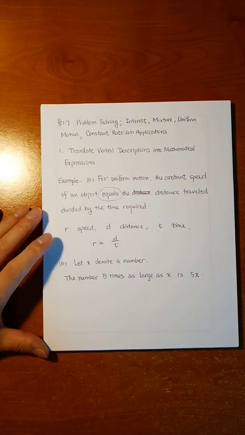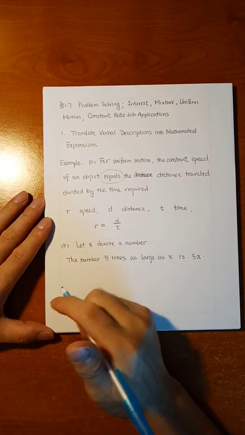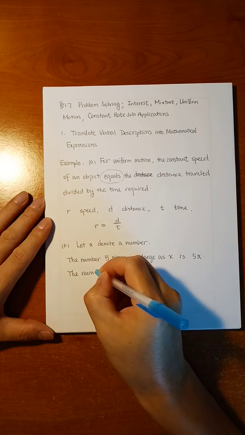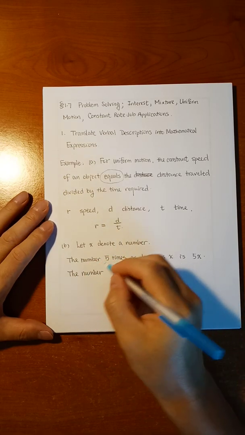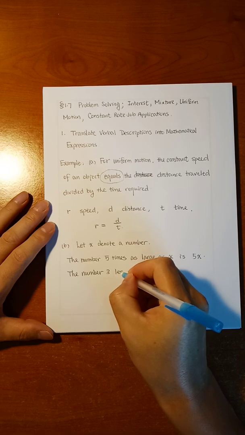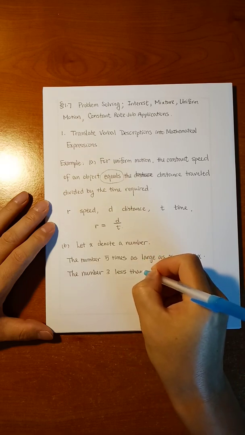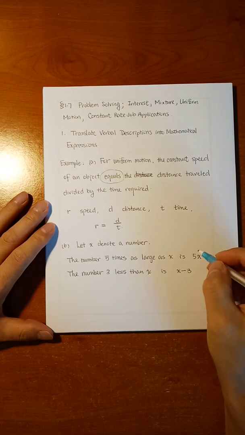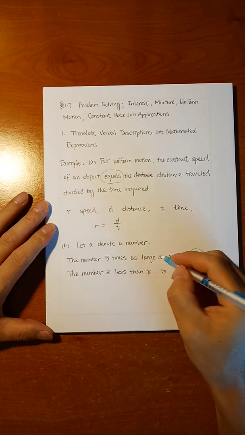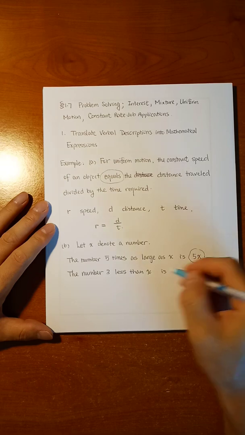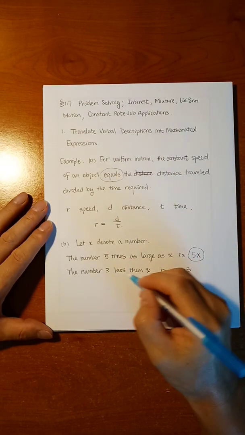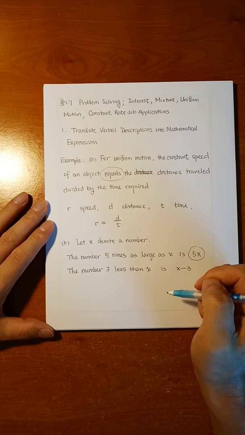So it's a 5 times x. The number 3 less than x is x minus 3. You see, this is more clear than the long sentence. This is also better than the sentence, right? Description. So 3 less than x, so x minus 3.